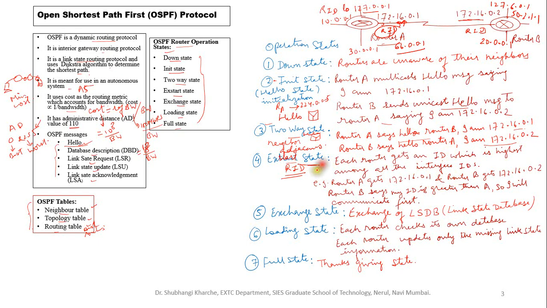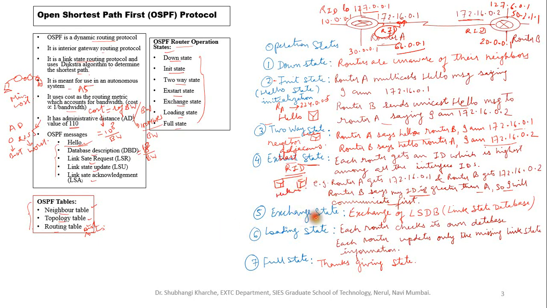In exstart state, the decision for the master and the slave is made between the neighboring routers. So here router B says that my ID is greater than that of router A, and so it will communicate first. Then in this exstart state also the hello messages are exchanged between the neighboring routers.